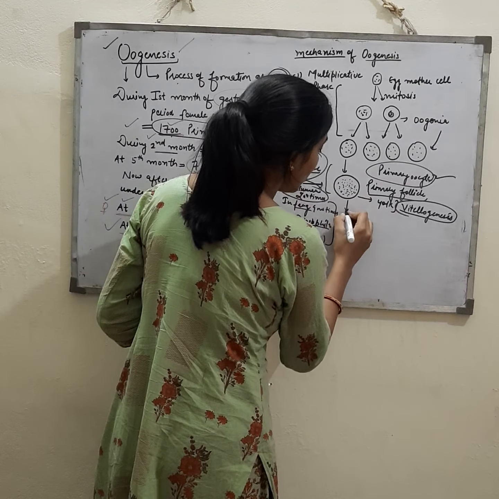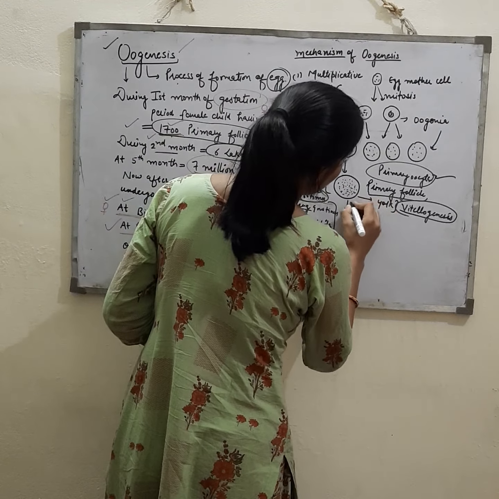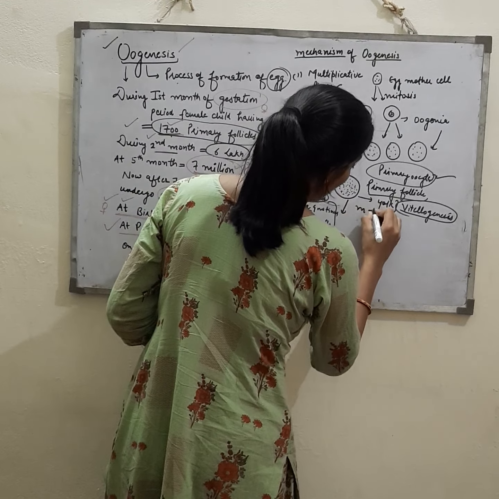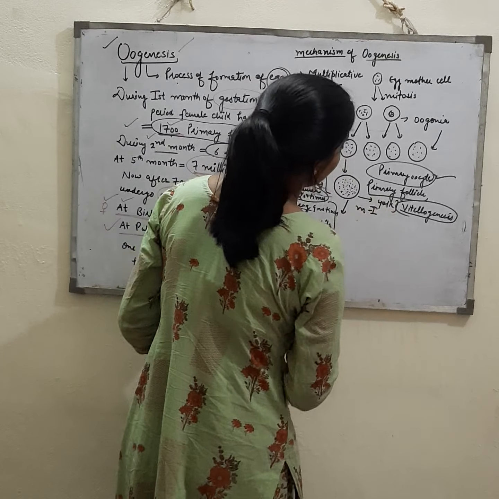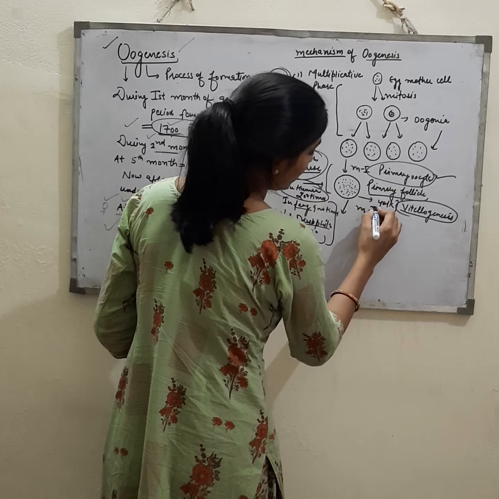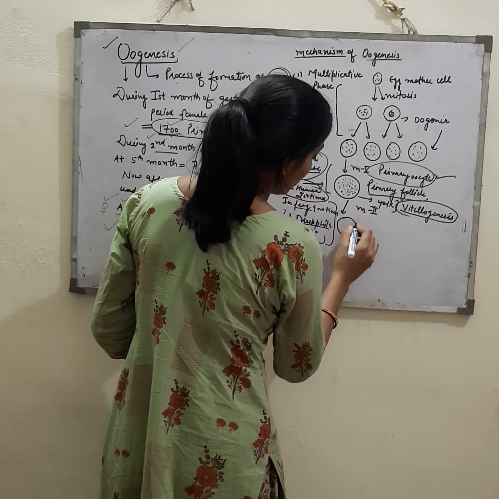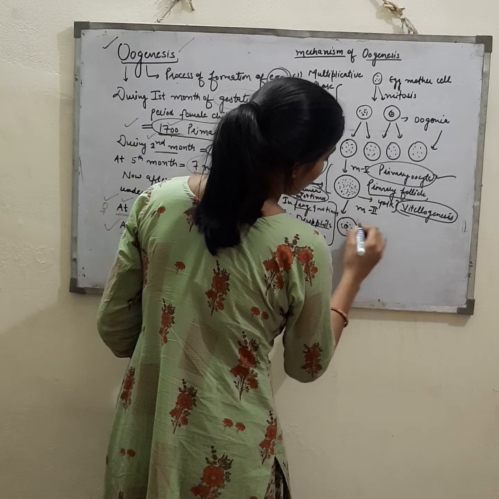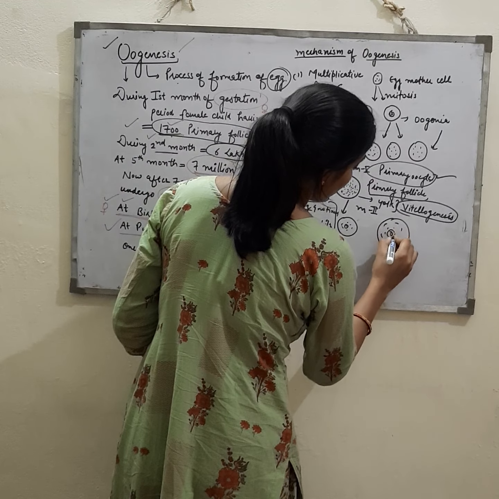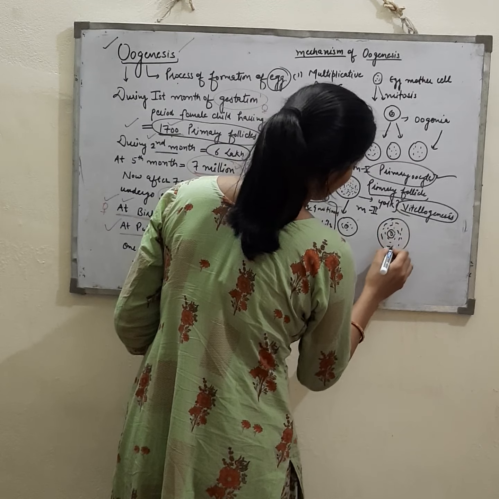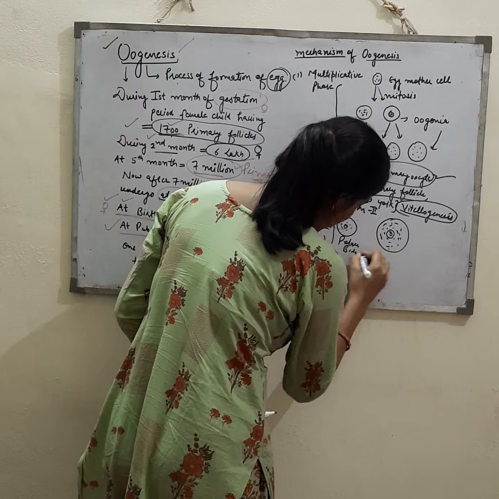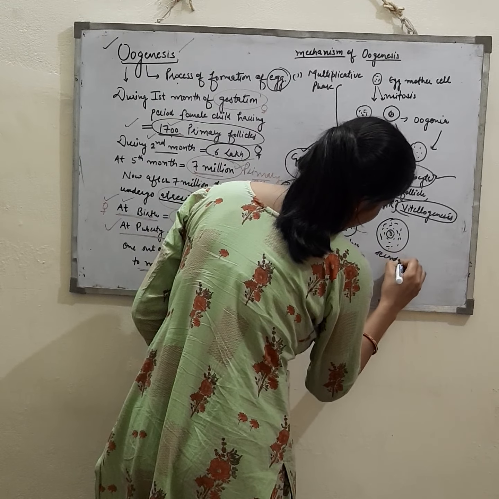Next, the primary oocyte undergoes meiosis 1. Then this one is meiosis 2. Here it will form a small and a larger cell. This is the polar body, and this one is the secondary oocyte.